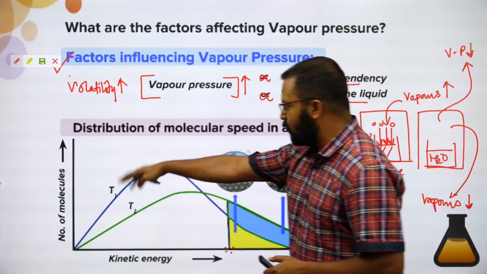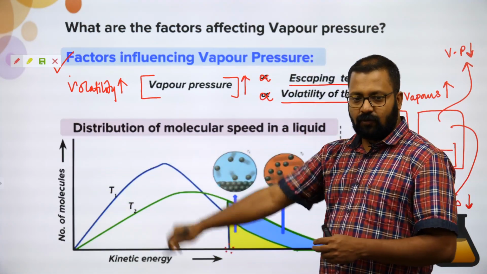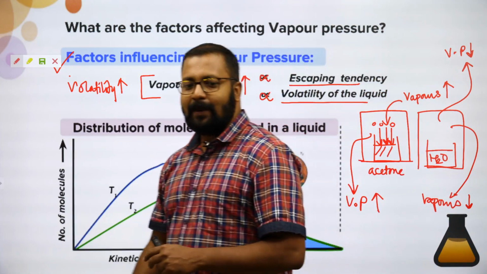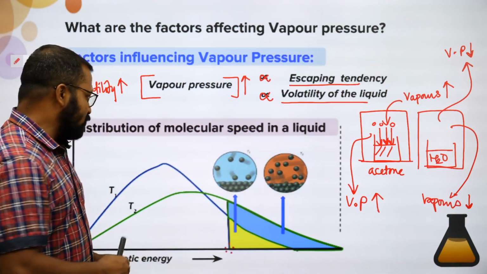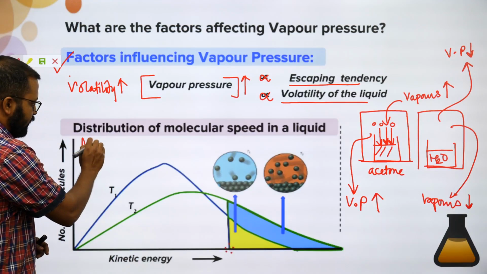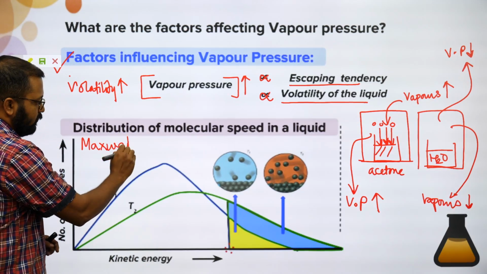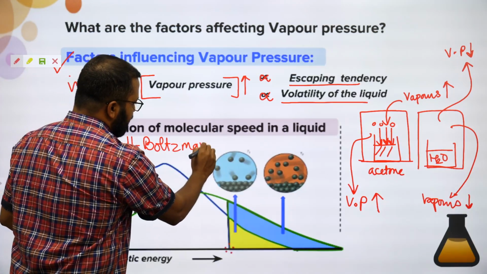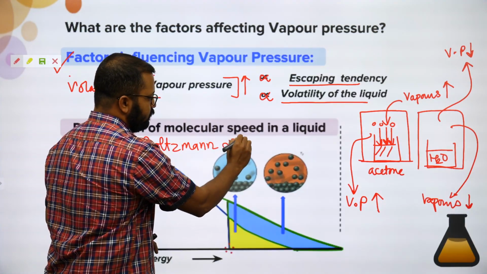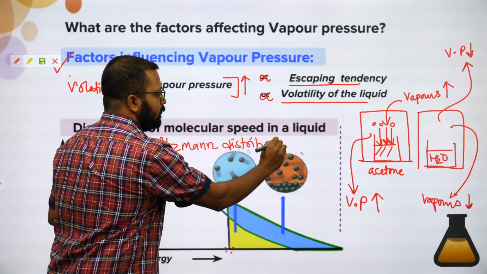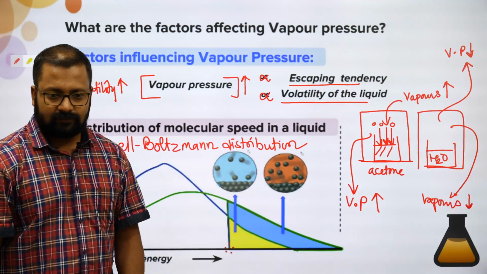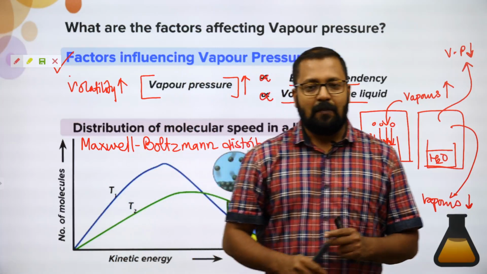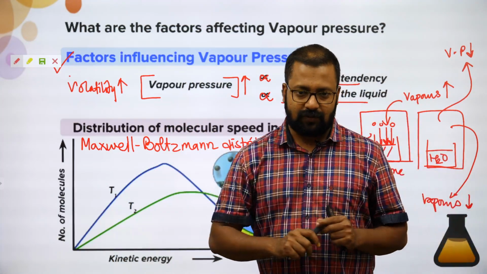Kinetic energy against number of molecules, or you can take fraction of molecules. It's not Boltzmann alone. It's known as the Maxwell-Boltzmann distribution.